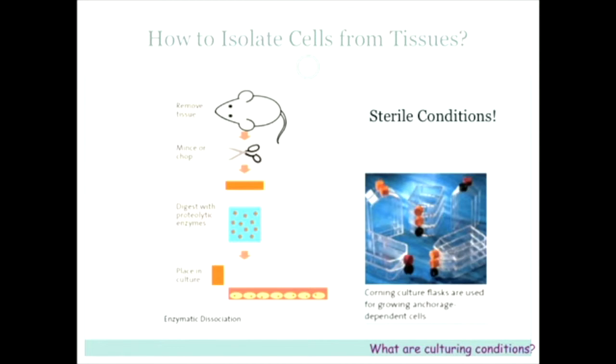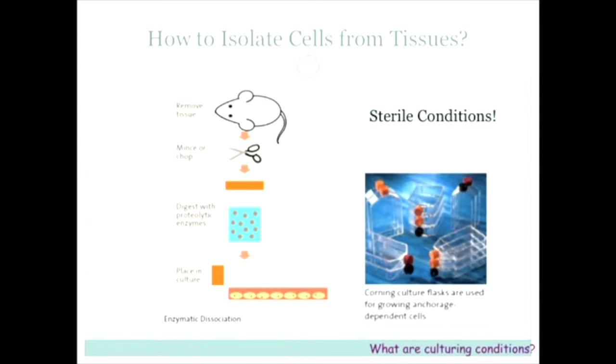For example, you have small pieces of tissue that are disrupted, and then you add a digestive enzyme, which will digest, or chew, if you can say so, everything that is holding the cells together. So everything will be disrupted and the cells will come into suspension as single cells.